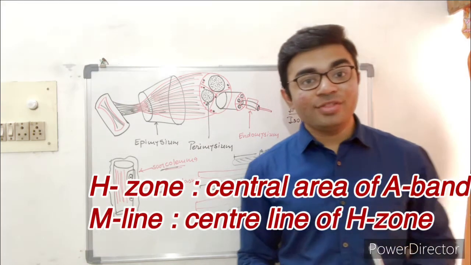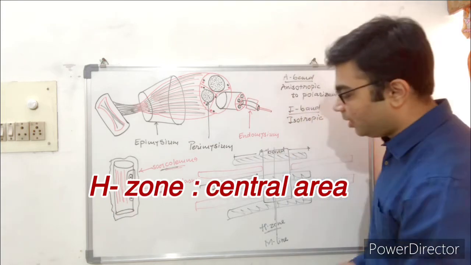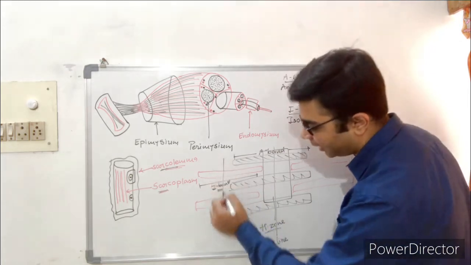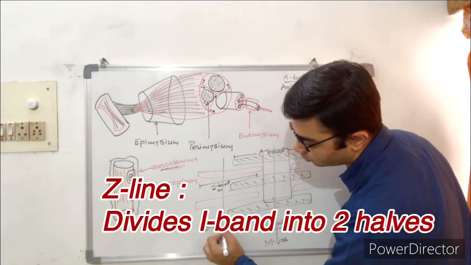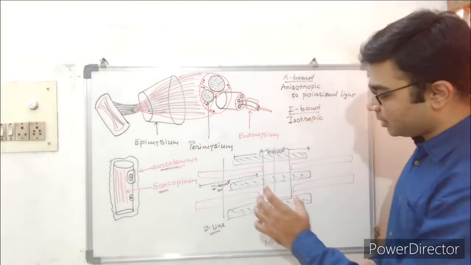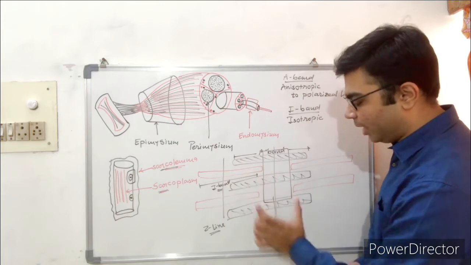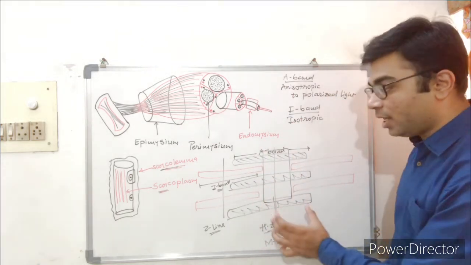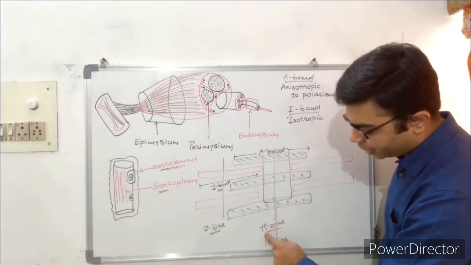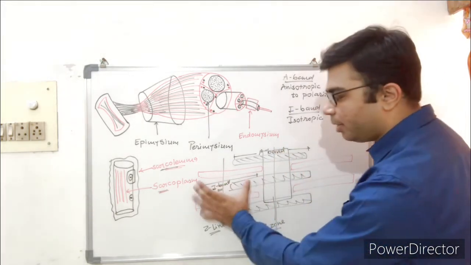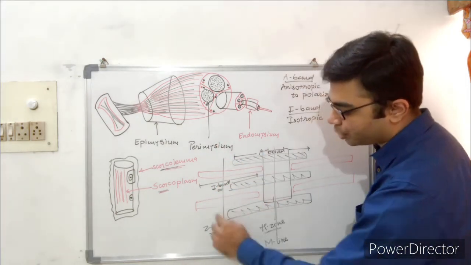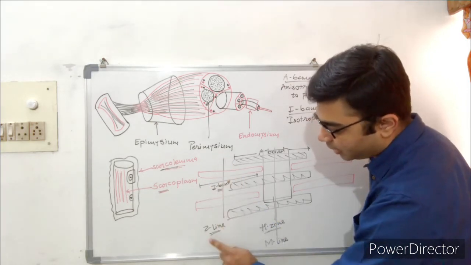And one more important thing that we must focus on: the I band is divided into two portions by means of a Z line. So that is the idea about the A band, I band, and the H zone, which is the centermost area where there is absence of the I band, and in the center of the H zone there is the M line. The I band is divided into an outer portion and an inner portion, divided by the Z line.